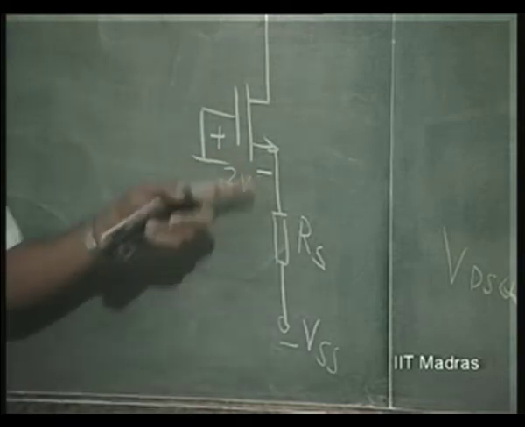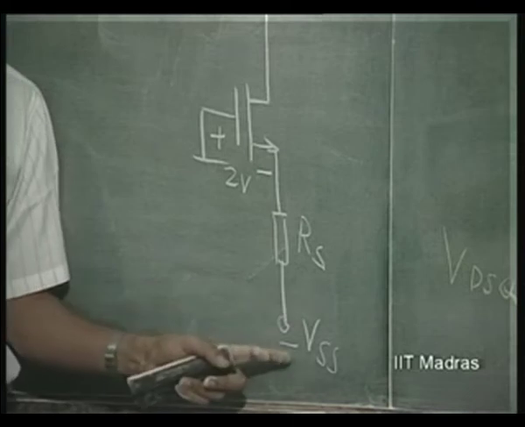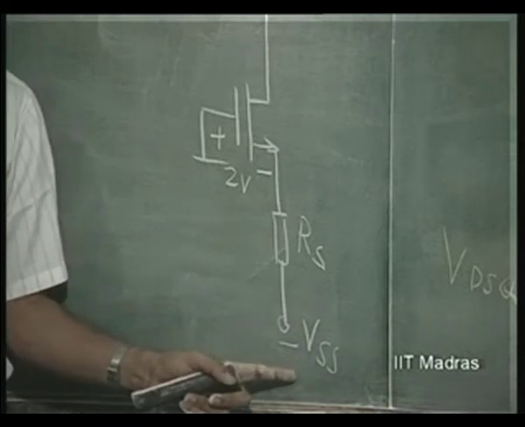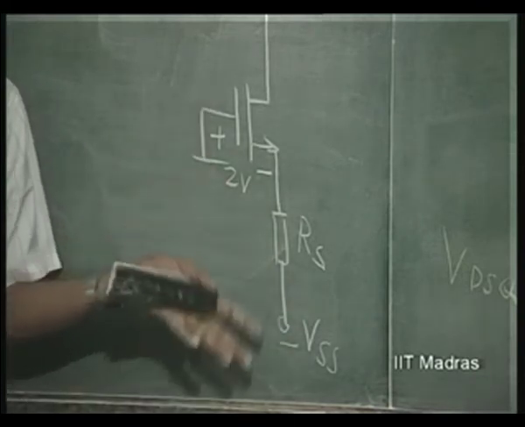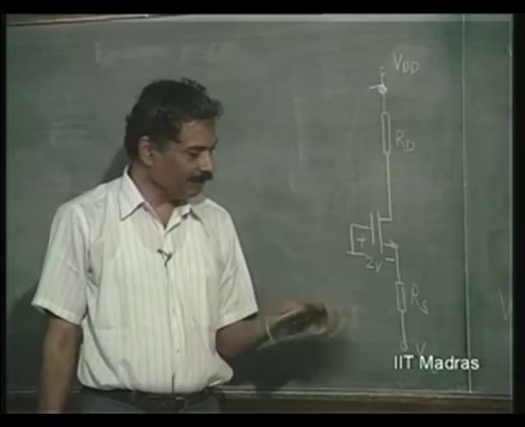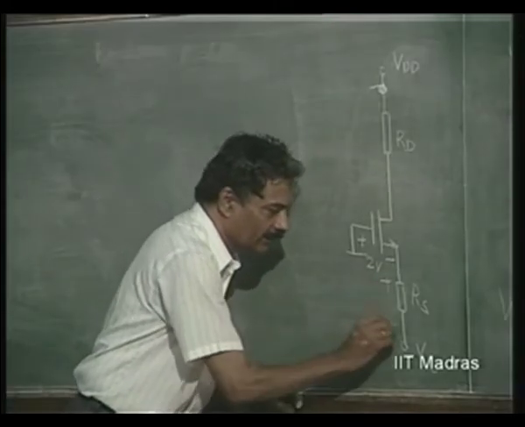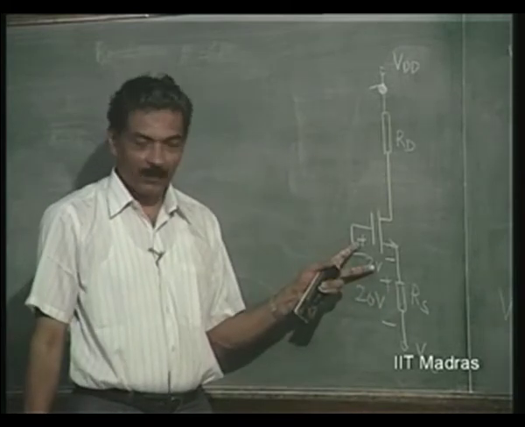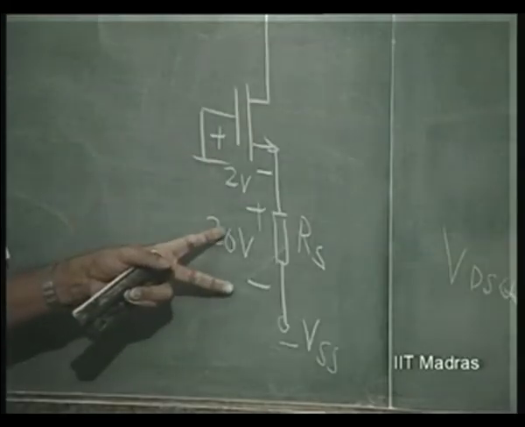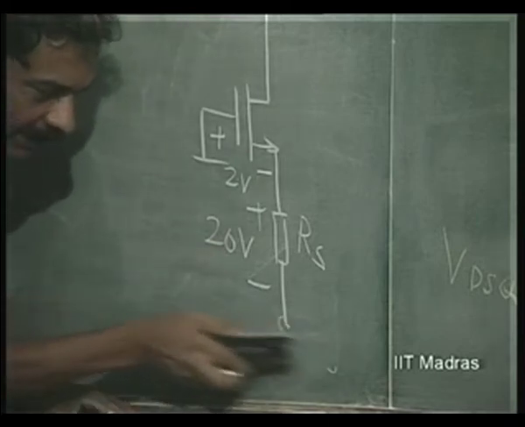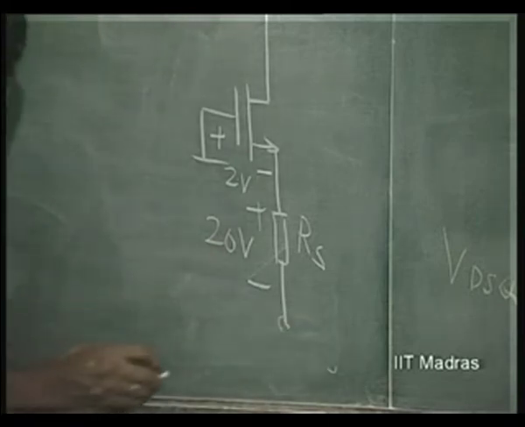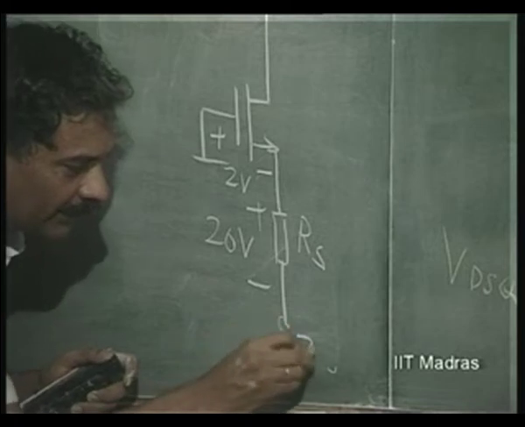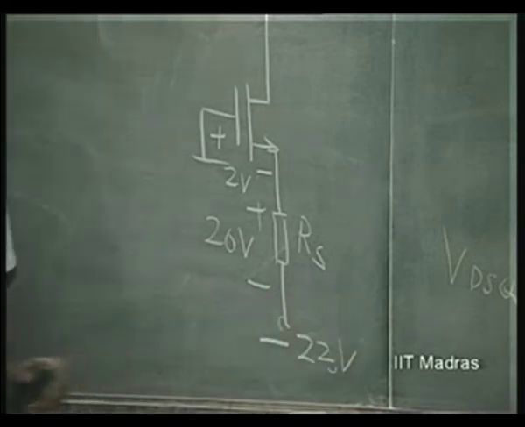Now, I have the choice of RS as well as VSS in order to make whatever current I want. So, obviously, now I will select this straight away as 20 volts. Let us say 2 volts is very small compared to 20 volts. So, VSS becomes automatically equal to minus 22 volts.